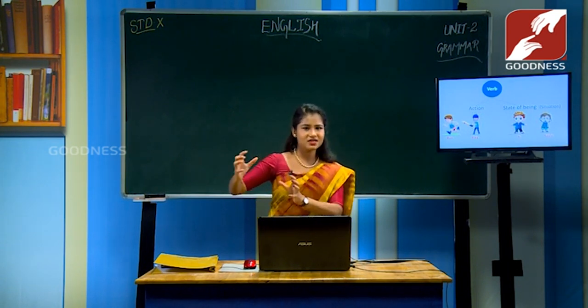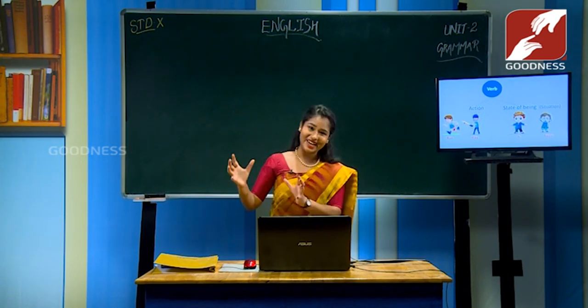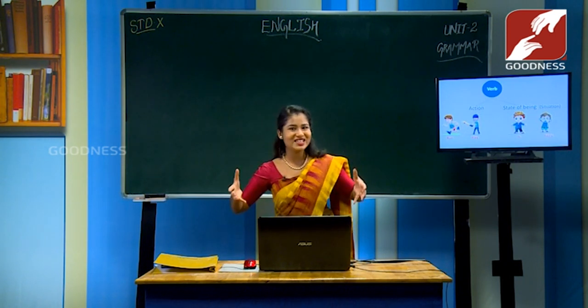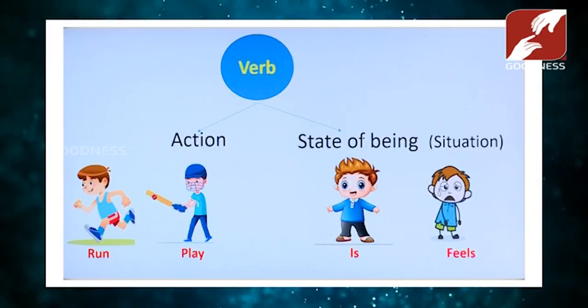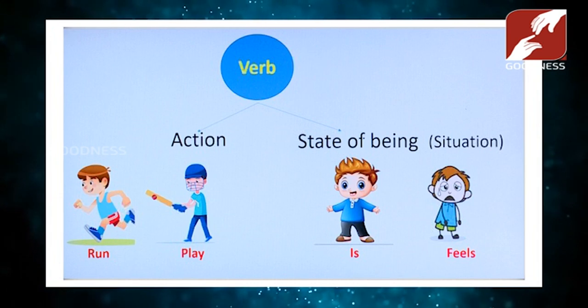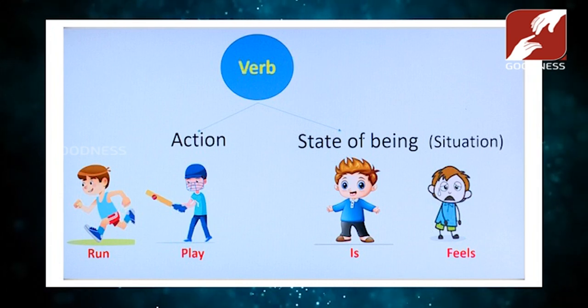So, he is a boy is a statement. So, is is the verb. Is just focuses or gives emphasis to that statement. Thus, is is the verb over there. And this is the state verb. It is not an action verb. It is a state verb.